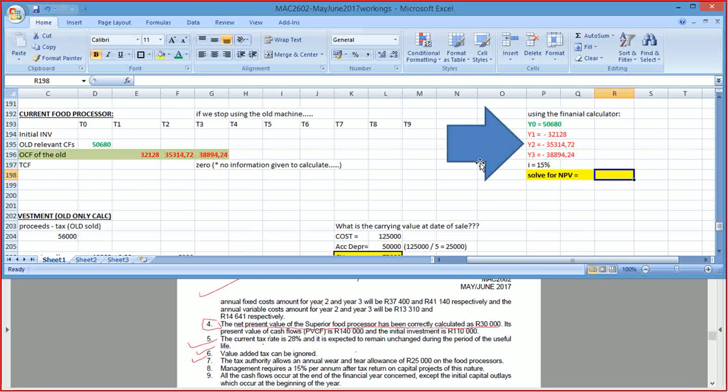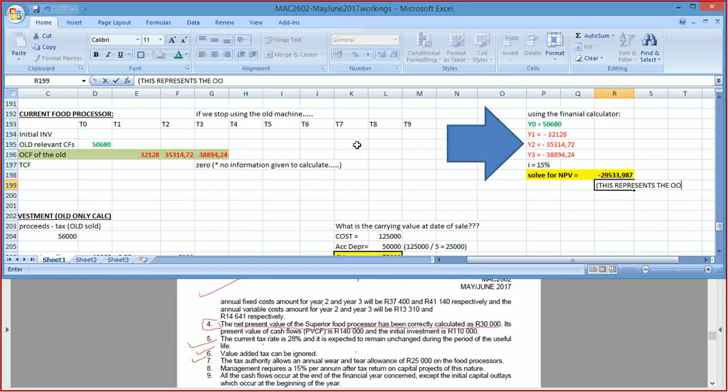Minus 32128, minus 35314.72 and minus 38894.24. Solve. That gives us a negative, which is better. It gives you negative 29533.98734.